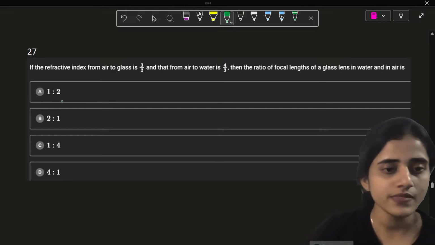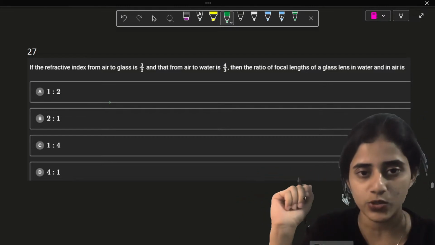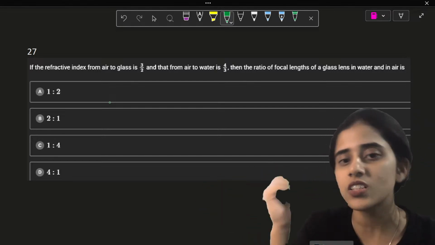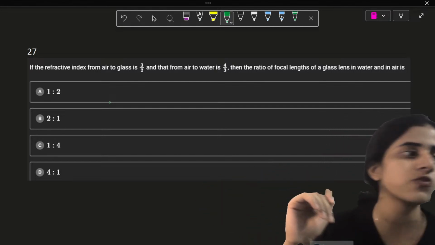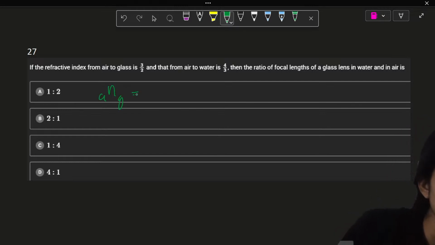Okay. Next question. If the refractive index from air to glass is 3 by 2 and that from air to water is 4 by 3, find the ratio of focal lengths. This is a similar question we have done. So refractive index from air to glass is 3 by 2. Now refractive index of air to water is 4 by 3.